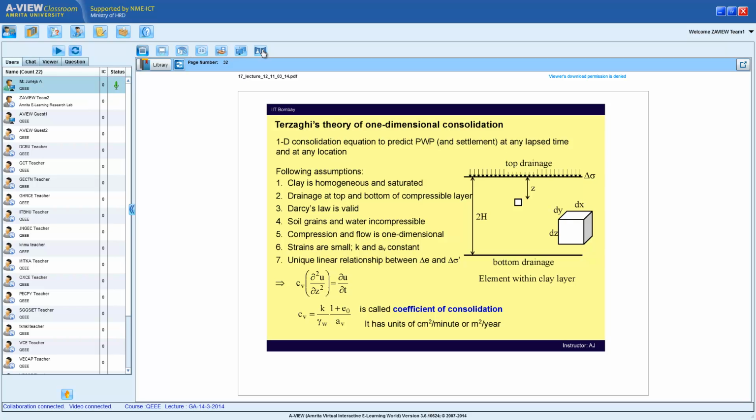The next one, strains are small. So we speak about infinitely small strains in this direction.